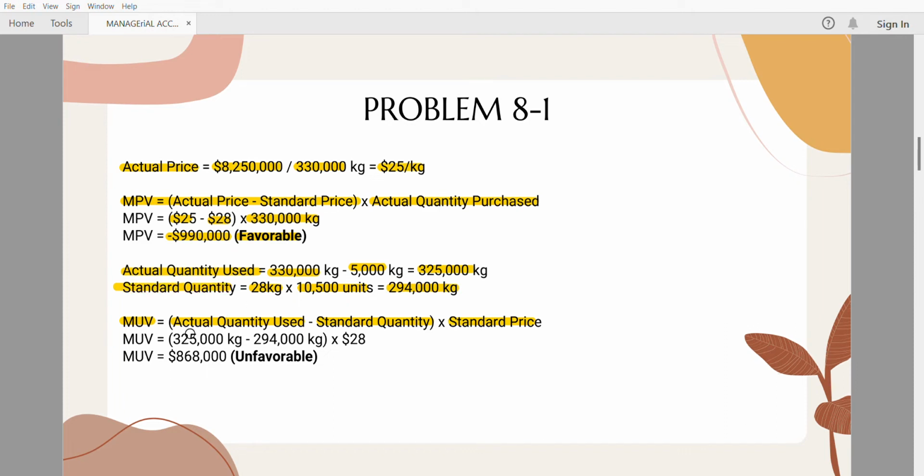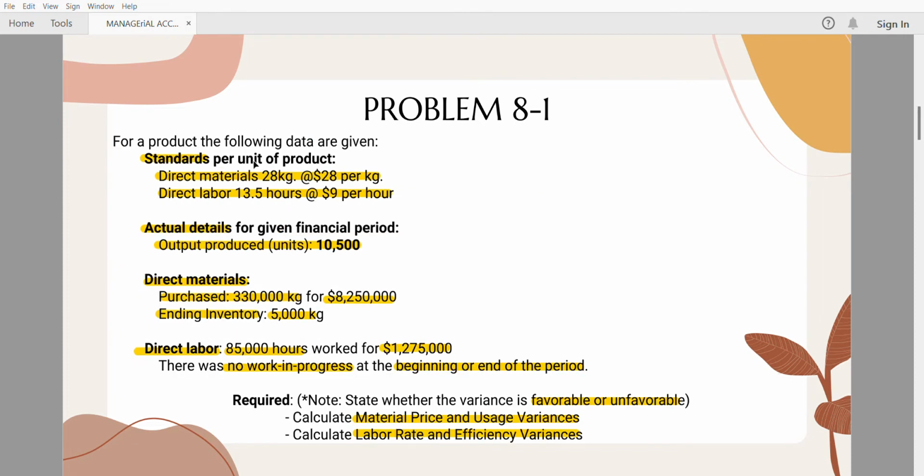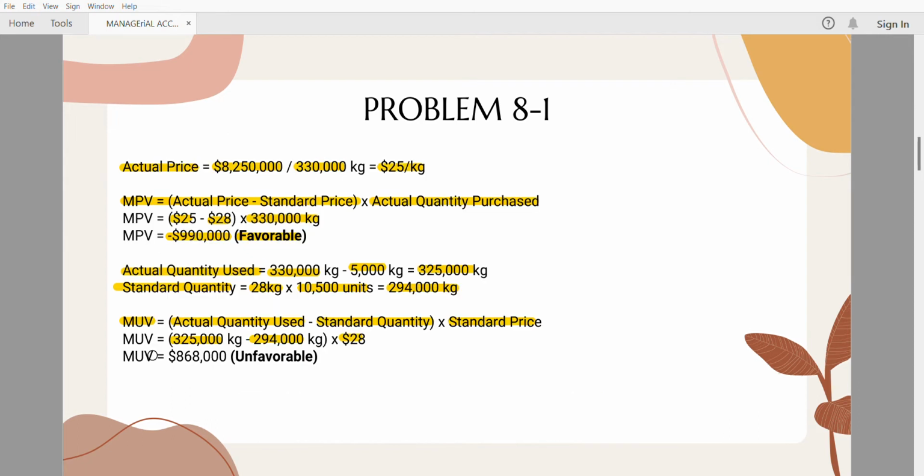Then just put it into the formula: 325,000 minus 294,000, times 28, the standard price, which is from the direct material standard price. We get the MUV is 868,000, and since it's positive, it's unfavorable.